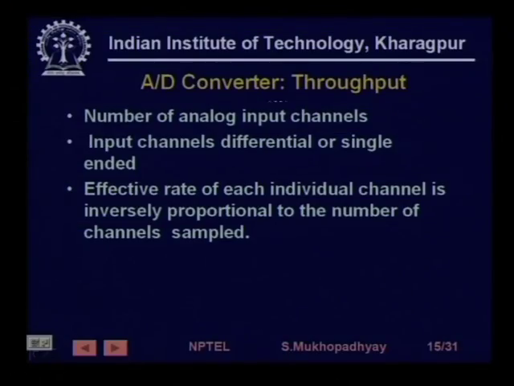If you have 8 channels, then effectively each channel can be sampled at a maximum of 100,000 samples divided by 8. That is the throughput. Oftentimes the maximum sampling rate of the AD converter is given along with the number of channels, so one has to infer the maximum sampling frequency per channel. That is the final effective sampling frequency on each channel, and that is why this throughput question comes.